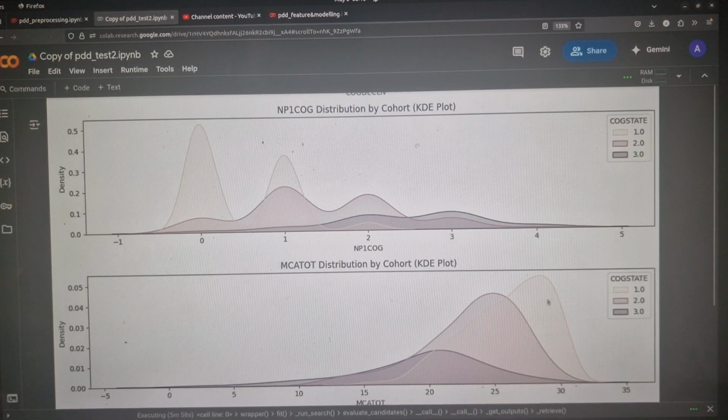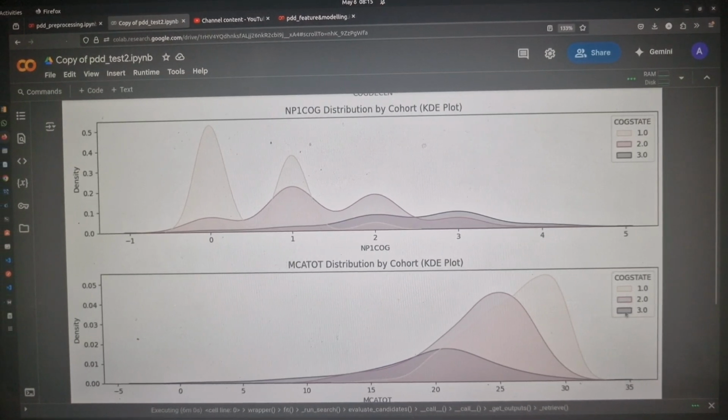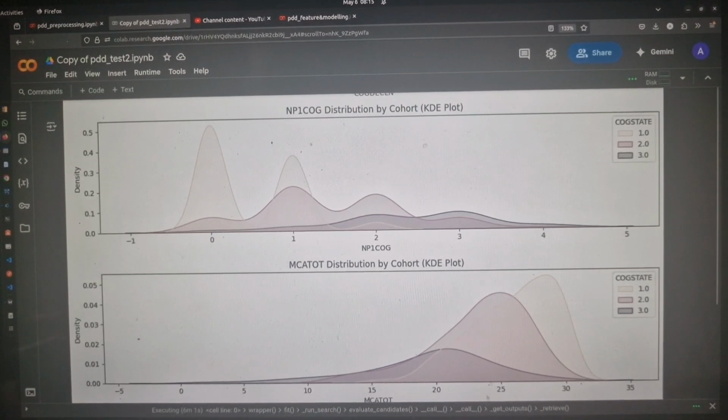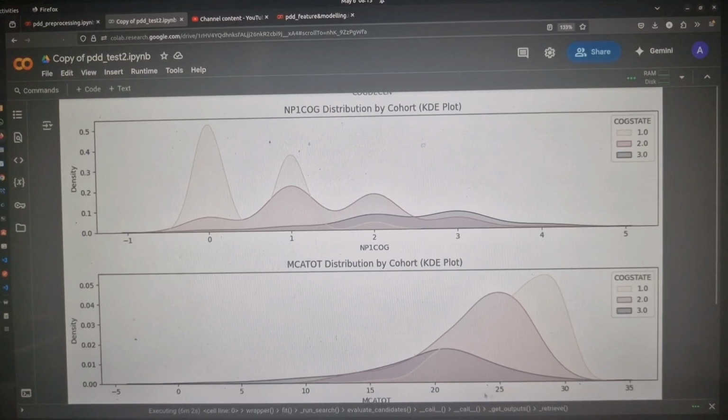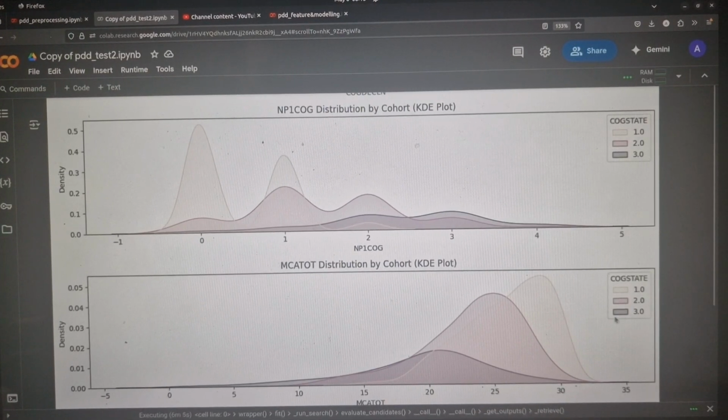To explain, class 1 is steep and has its peak around 30. That's because people in the normal class have higher cognitive states, just as explained in the normal clinical setting at the moment.